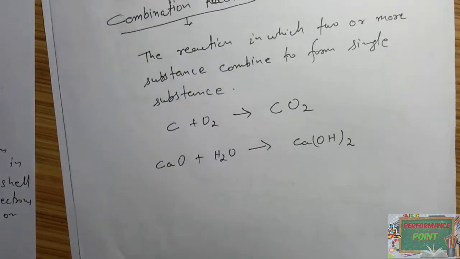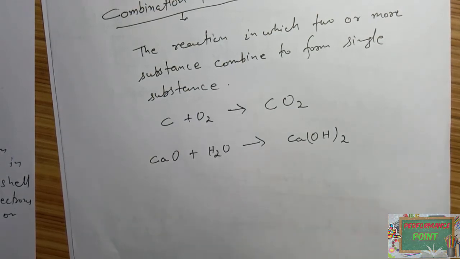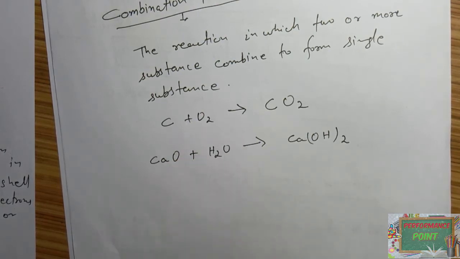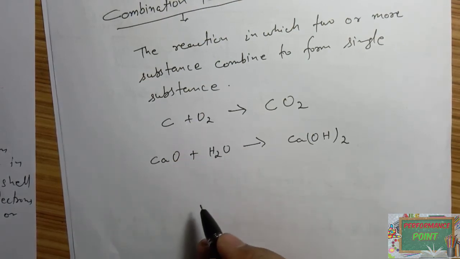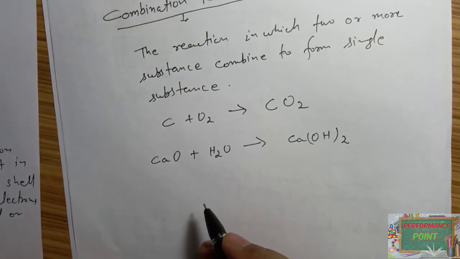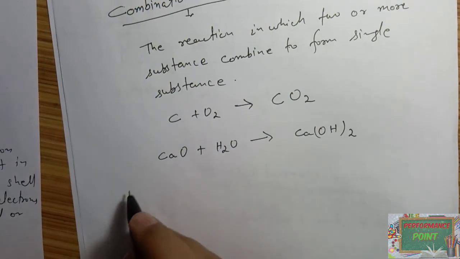Please learn these equations given in your book. Now in this, we also have to study the type of combination reaction that is exothermic. So we're going to cover exothermic today also.